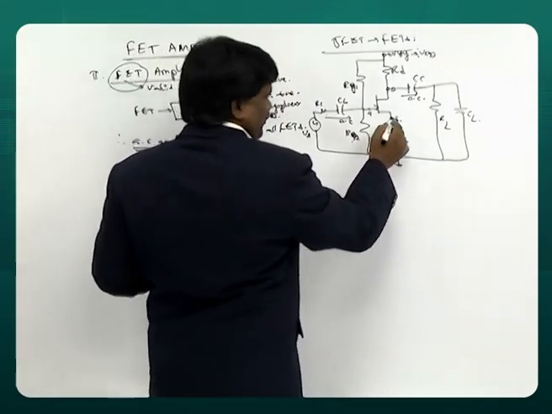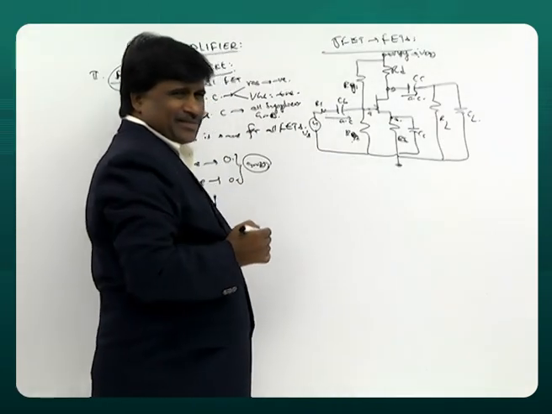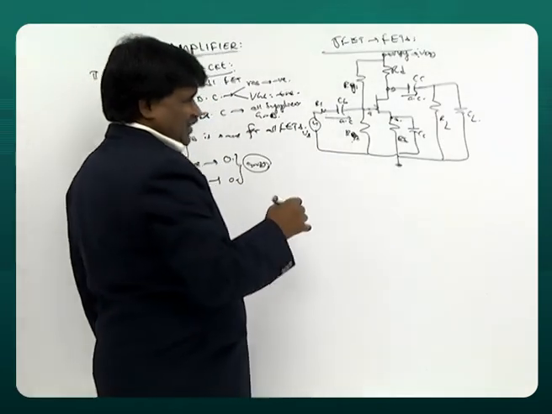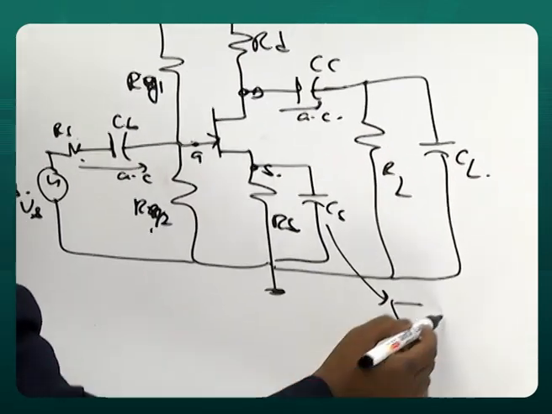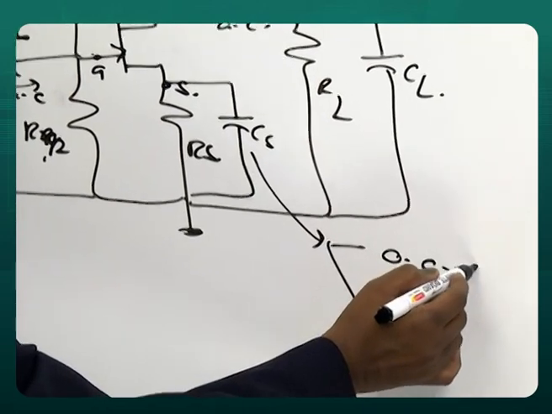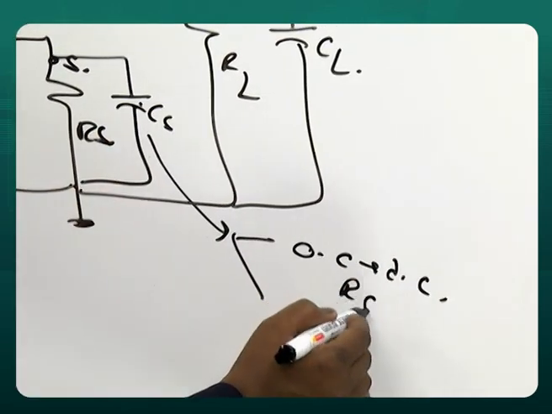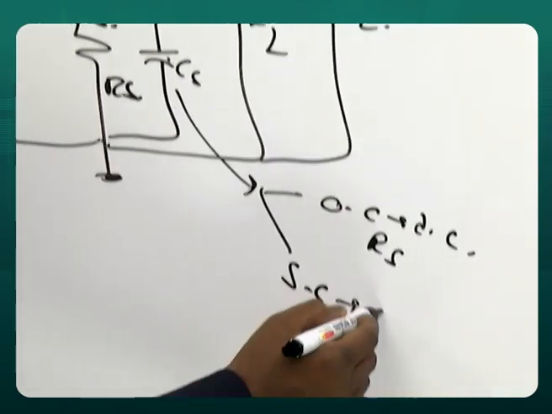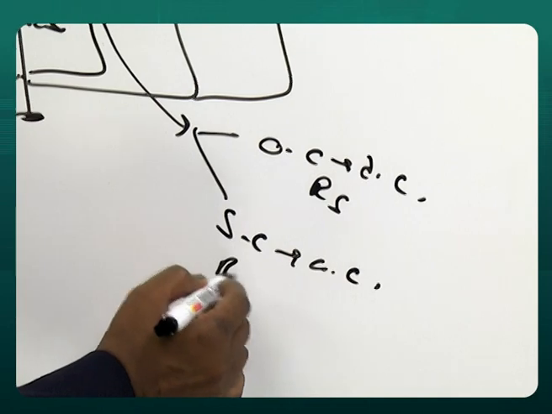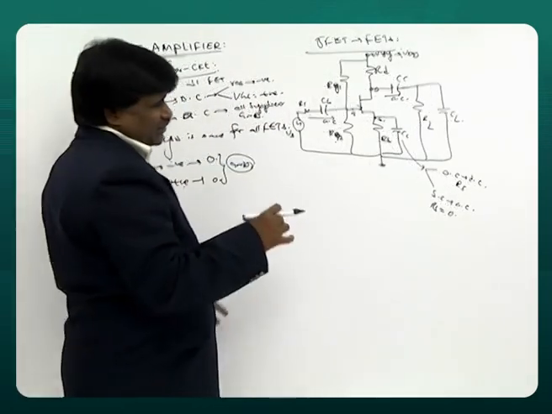And then we have a capacitor here, the source capacitance. What does it do? It has two roles: open circuit for DC, when RS is present, and short circuit for AC, where RS is 0. What is the purpose of this capacitor?